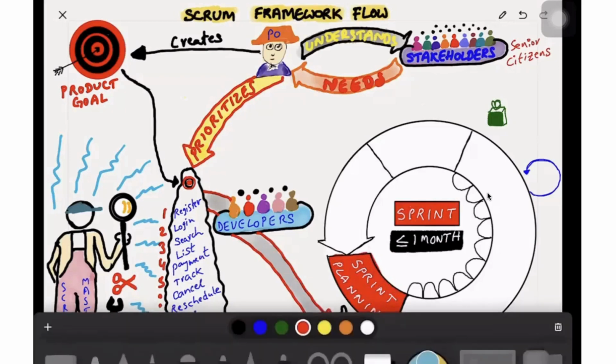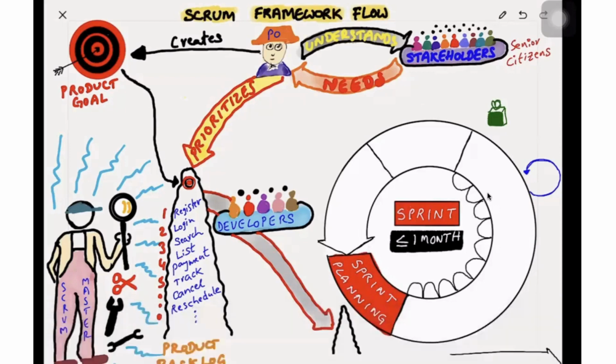In the sprint planning, the product owner will explain the topmost few items of the product backlog to the developers. Based on that, the developers will decide how many items can be pulled into the sprint backlog. That means the product backlog order is decided by the product owner. Out of all these ordered items, how many can be pulled into the sprint backlog will be decided by the developers.